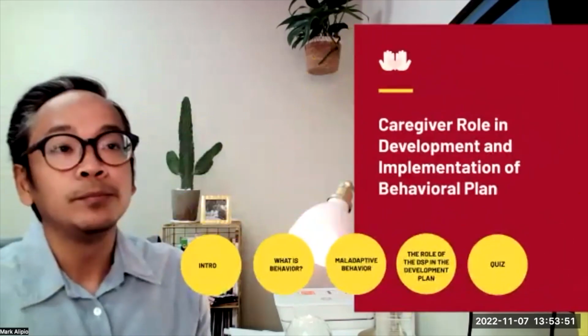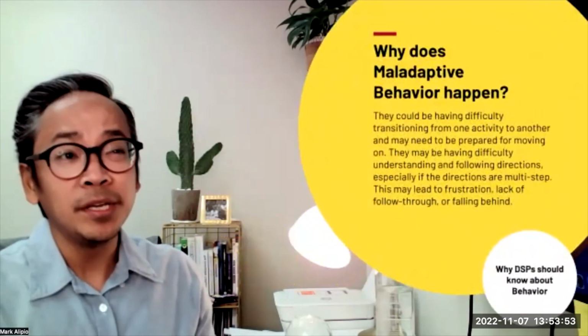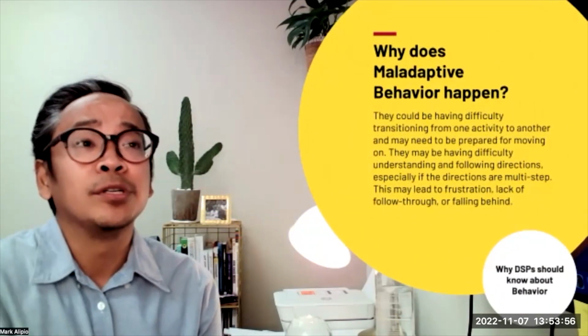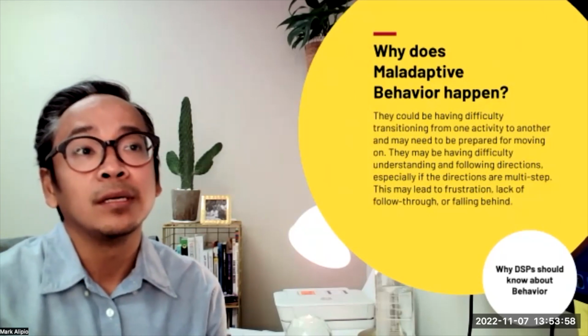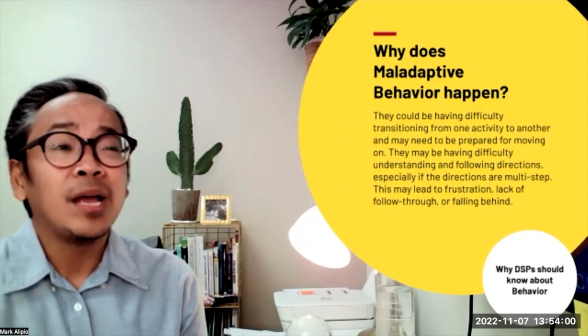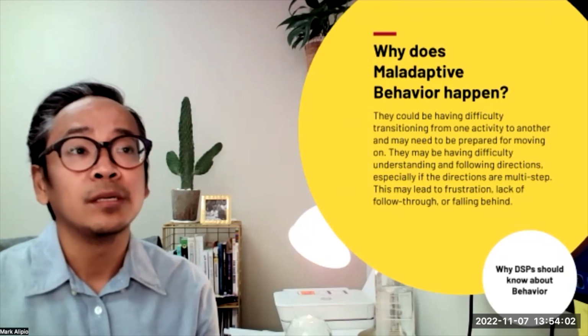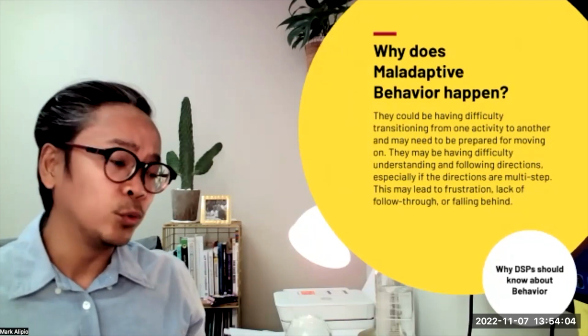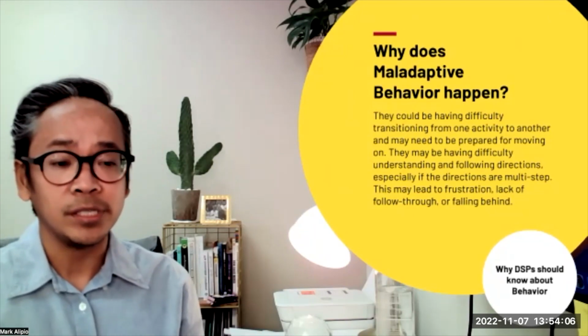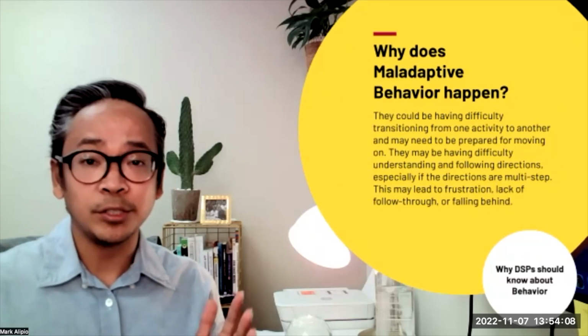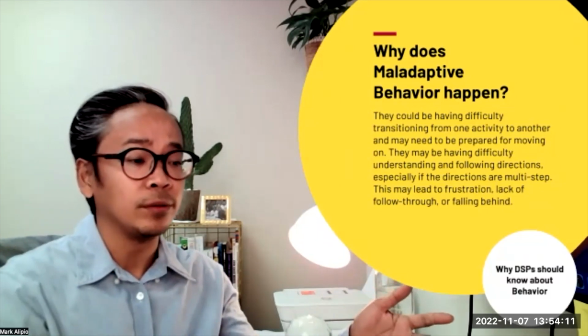Now, when speaking about maladaptive behaviors, why do they happen? This could happen in various ways. Sometimes individuals may have a hard time transitioning from one activity into another.